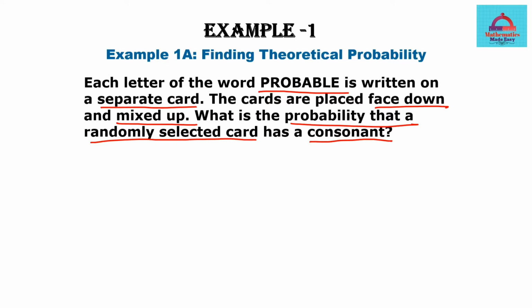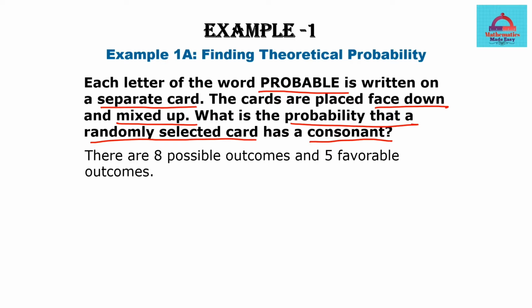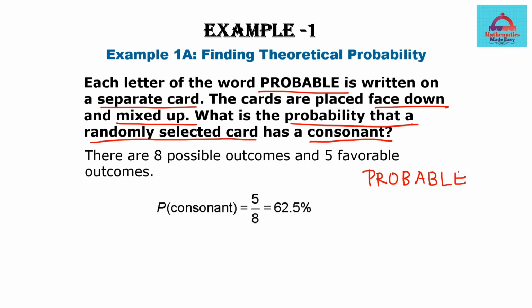Okay, now to find this probability, we need to be very clear what is a consonant, what is a vowel. Let's see this word again. I will write here: probable. If we look at the letters, let's count 1, 2, 3, 4, 5, 6, 7, 8.